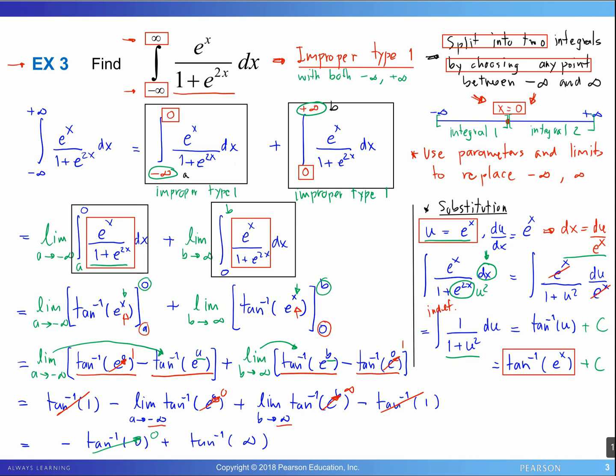And now the arctan of infinity is going to be equal to pi over 2. And now the final answer is pi over 2. So we can say that this integral converges to pi over 2. In other words, this integral is convergent.